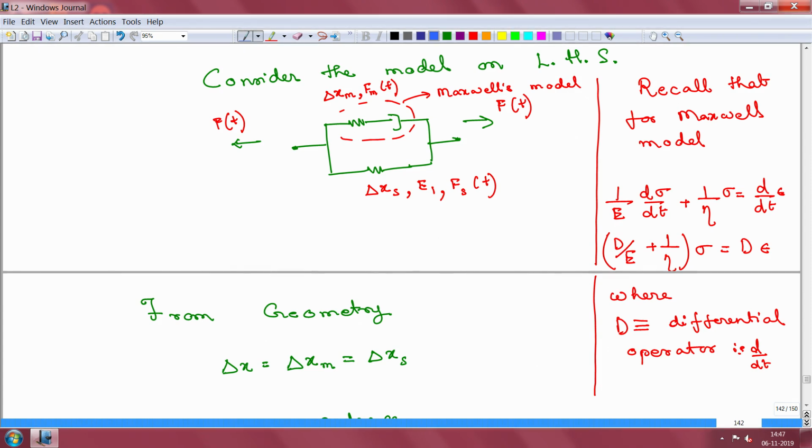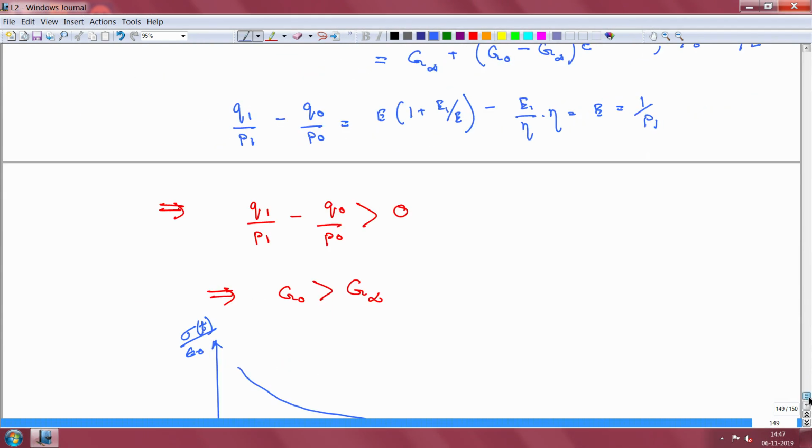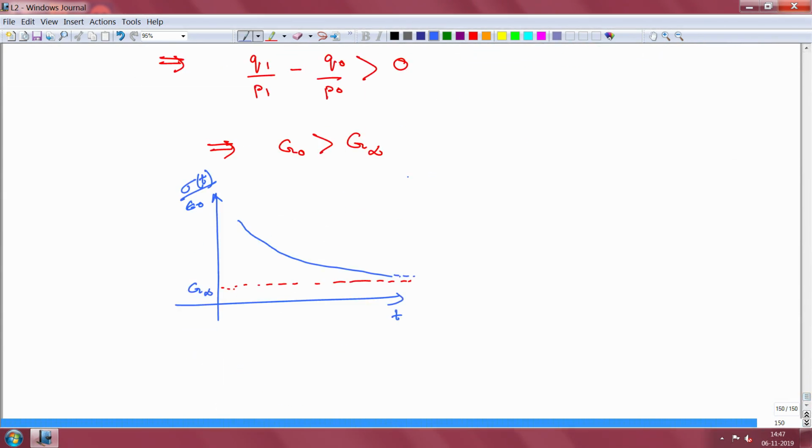So, this has to be a solid like situation, and that is exactly what we have found out, that this response is in line with what we would expect from a viscoelastic solid.